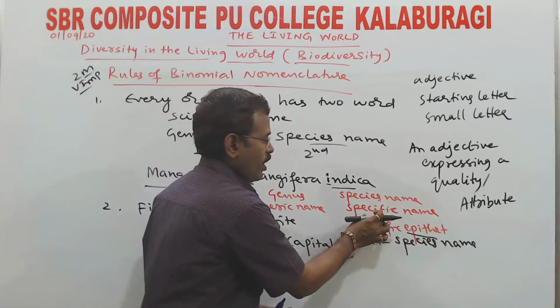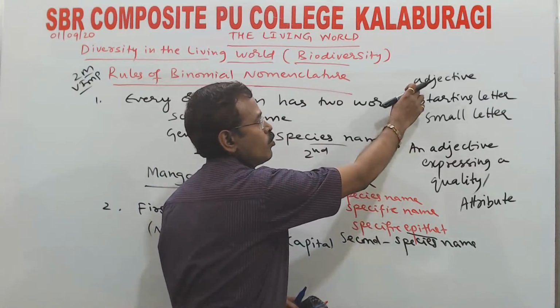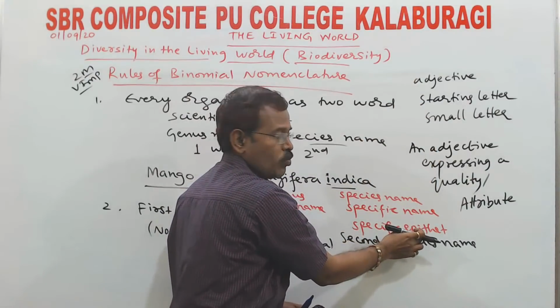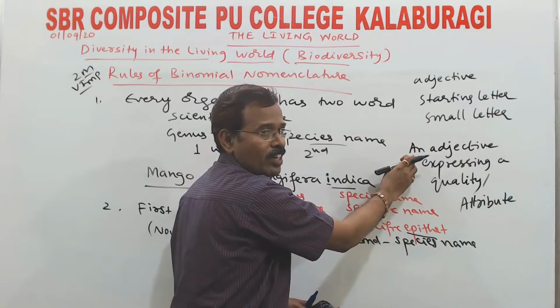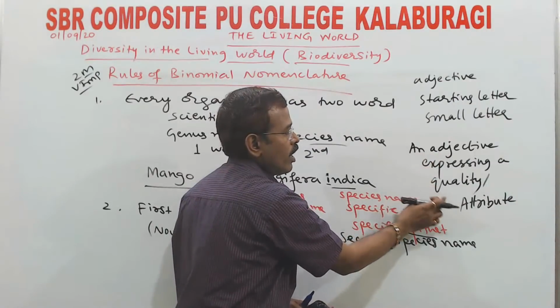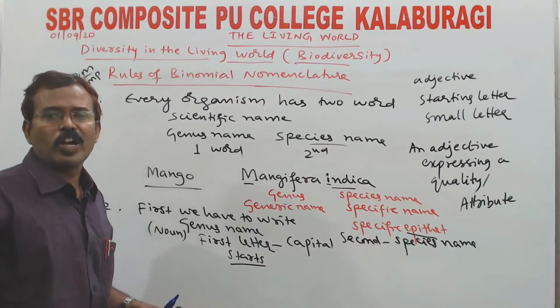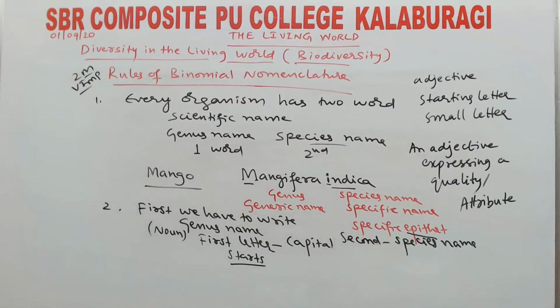The species name is an adjective, called the specific epithet. Epithet means an adjective expressing a quality or attribute. The remaining rules I will continue tomorrow.